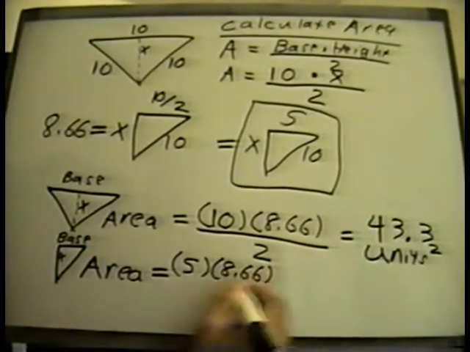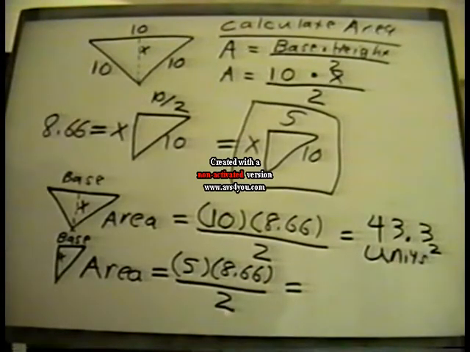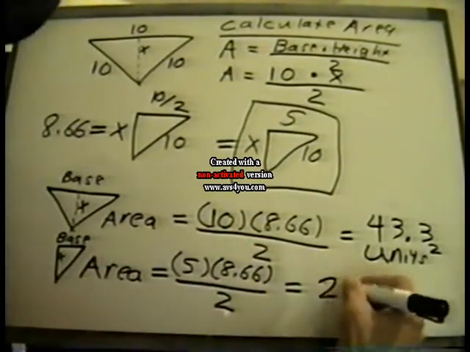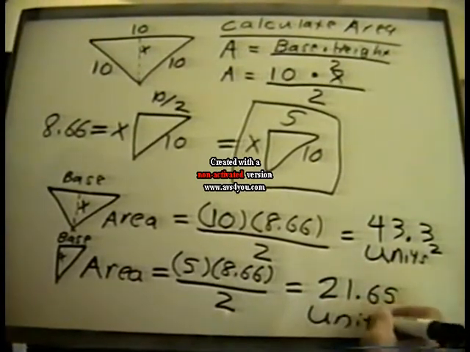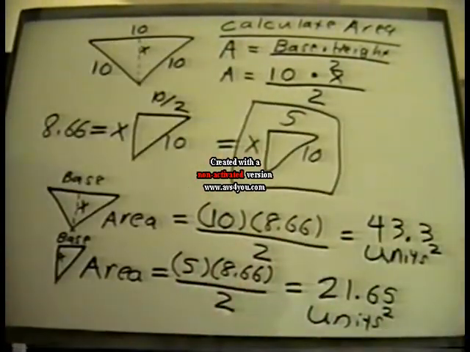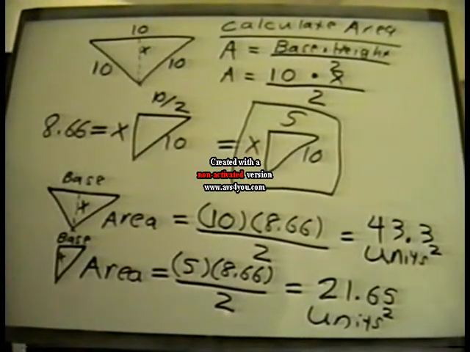In which case here, its base is 5 times 8.66 over 2. That's going to come out to half of this. So 5 times 8.66 divided by 2 is 21.65 square units.